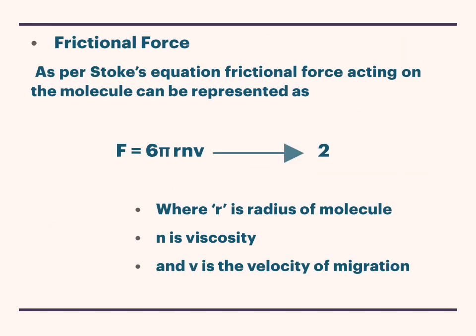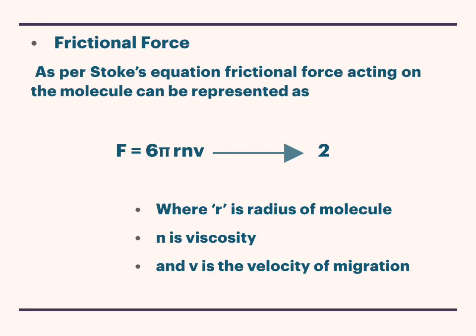Now, for any molecule to move in a medium, it has to overcome the frictional force that is exerted on the molecule by this medium. This frictional force can be calculated as per Stokes' equation, which says that the frictional force is equal to 6πηrv, where r is the radius of the molecule, η is viscosity, and v is the velocity of migration.